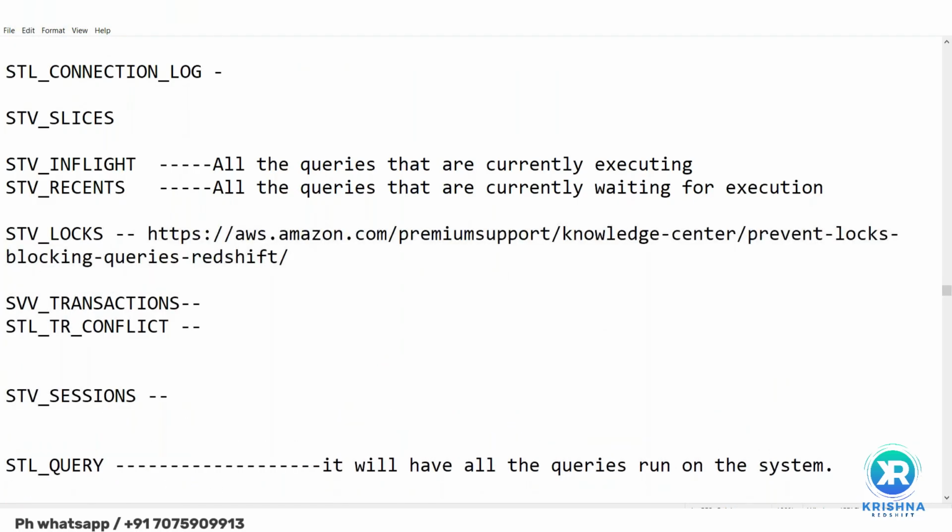Why this is discussed is, for example, you started a query, and you're thinking that your query is running, but I'm a DBA. I can see that there is one query which is running from last 10 hours on the system, and your query is blocked by that job.